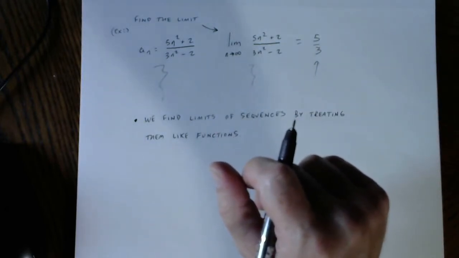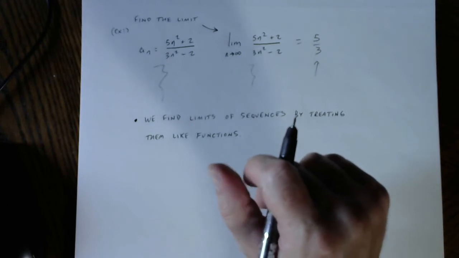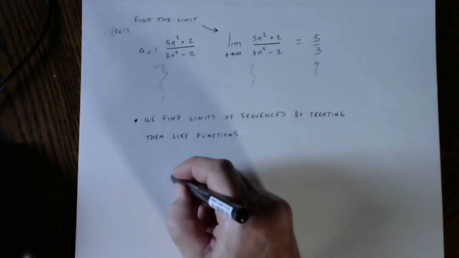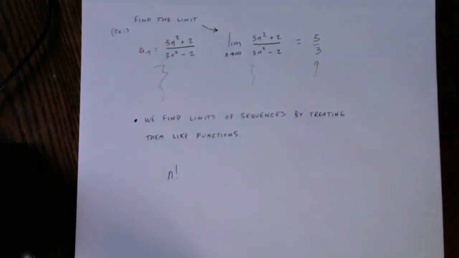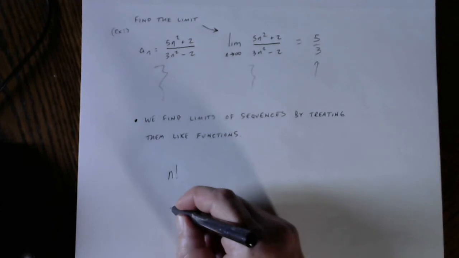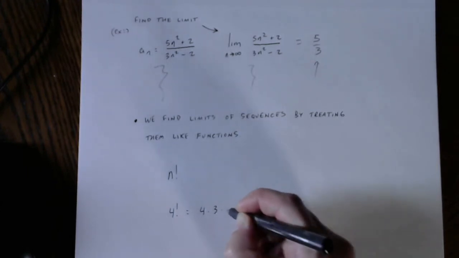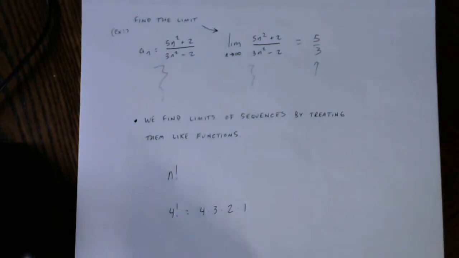A couple things to mention. You might run into this guy, n factorial. This is called a factorial, this exclamation point. This is a descending multiplication, is what I typically call it. So 4 factorial is 4 times 3 times 2 times 1.